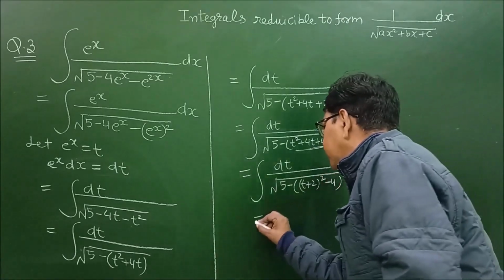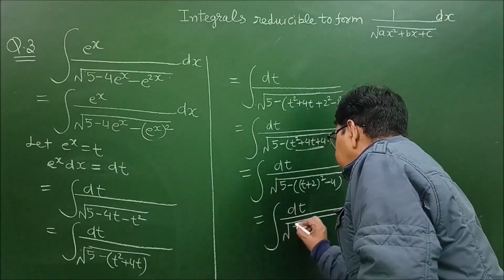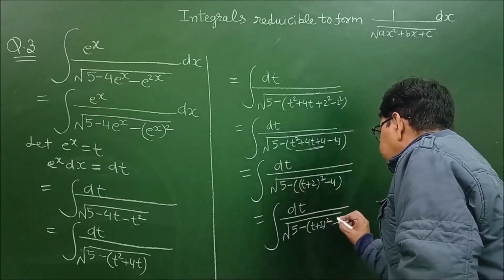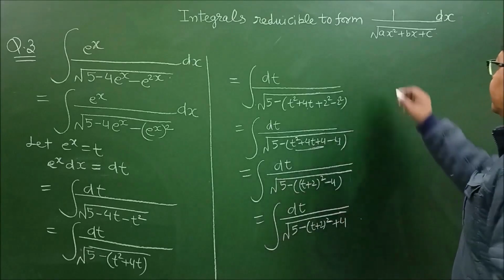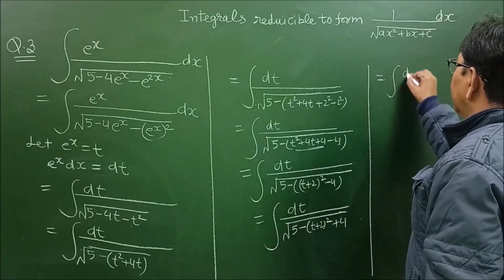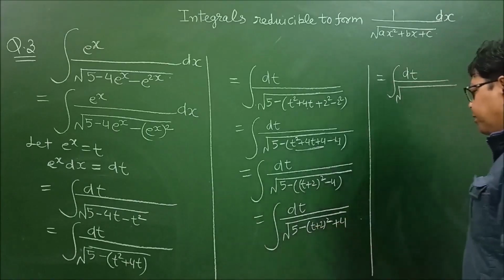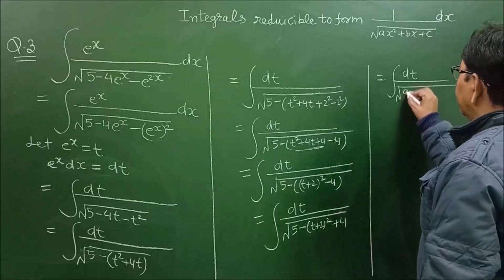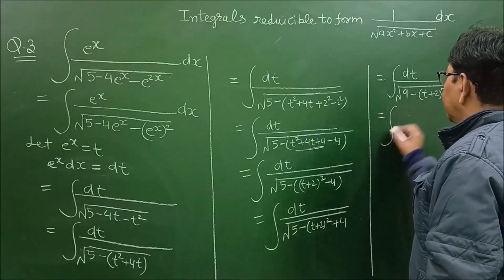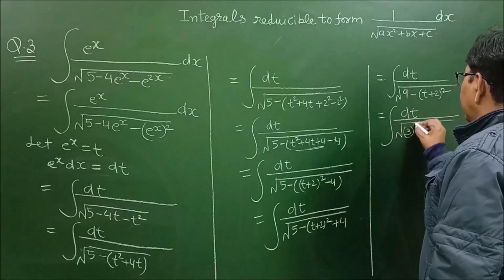Now this can be written as the integral of dt upon under root of 5 minus (t plus 2) whole square, and this minus and minus sign becomes plus 4, which is equal to the integral of dt upon under root of 5 plus 4, which is 9, minus (t plus 2) whole square. So this is equal to the integral of dt upon under root of 3 square minus (t plus 2) whole square.